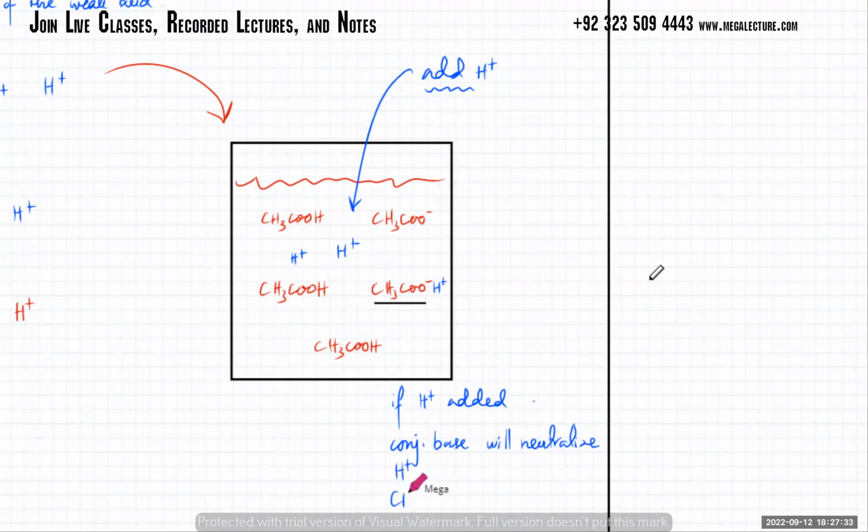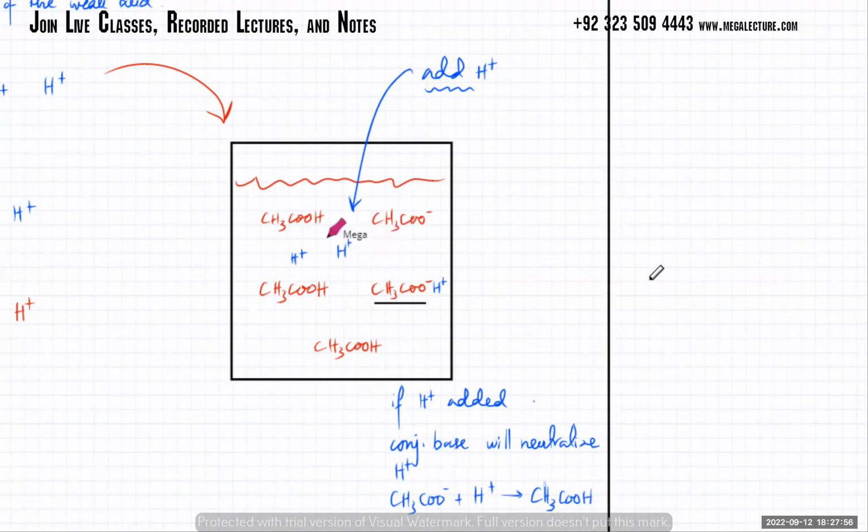So the ethanoate ions that you've added will accept those H plus ions and will form ethanoic acid. And it will form ethanoic acid back again. And your extra H plus that you've added will eventually get neutralized.